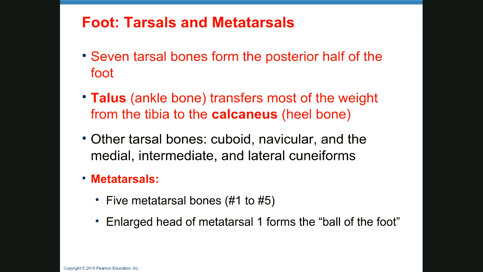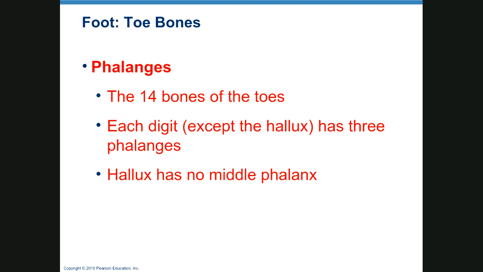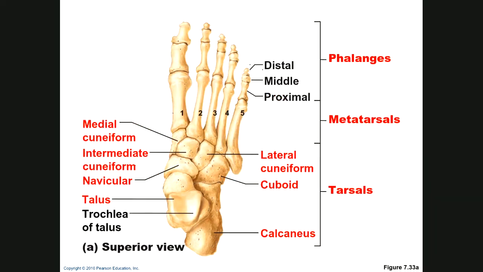Okay, the foot has 7 tarsal bones. Remember, the hands had 8 carpal bones. The foot has 7 tarsal bones. You don't have to know the 7 for the lecture, you have to know them for lab. But out of the 7, the calcaneus is the heel bone, and the talus is the ankle bone.